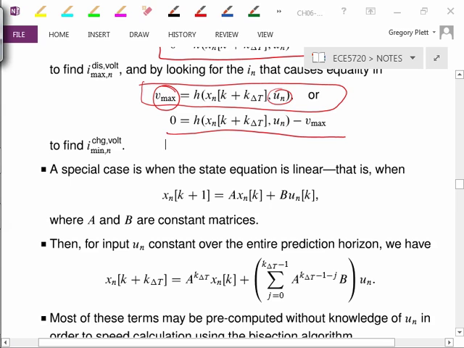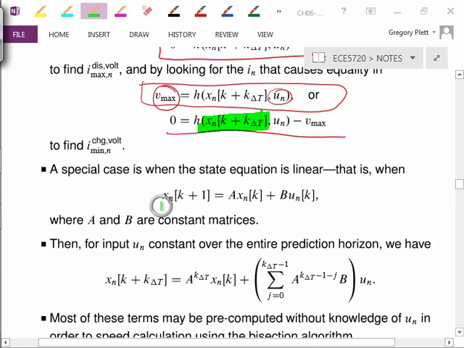When we are predicting into the future, we have to update this state here. And if we happen to have a state equation that's linear, then we can do this quite efficiently. For our model, the ESC model, if we know the input current, I can create constant A and B matrices that correspond to that input current.